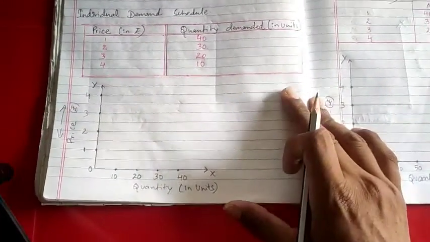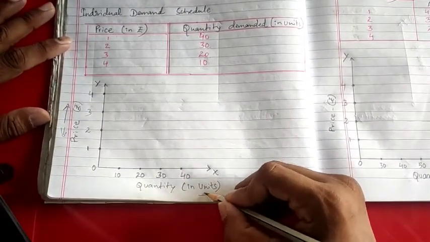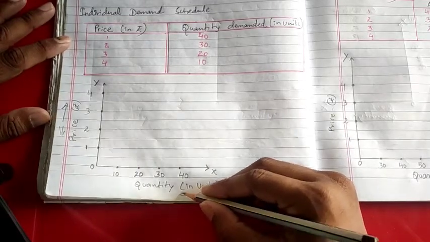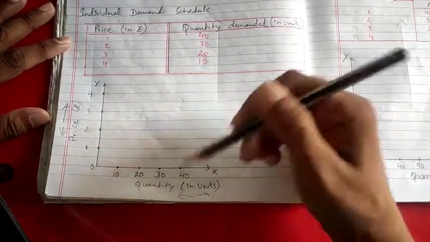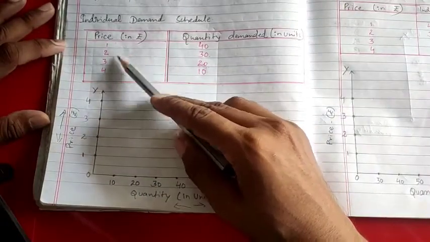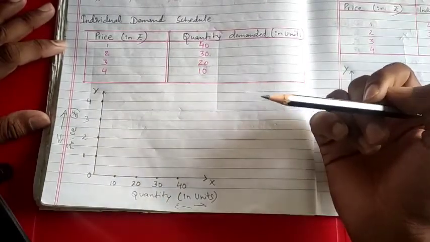And when quantity demanded is increased, we go rightward, and when quantity demanded is decreased, we go leftward. Clear? So this concept you have to remember. Now here you can see price is given and quantity demanded is given. Based on this, we'll prepare one demand curve.